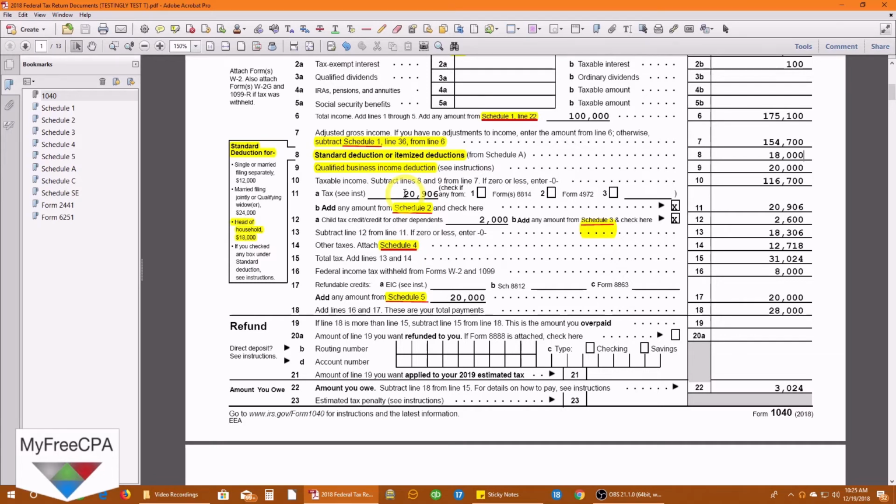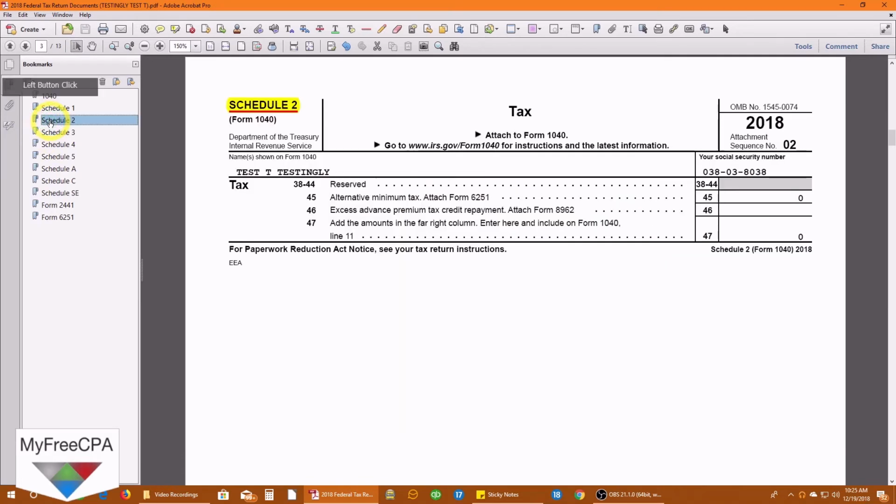Okay. Next, add any amount from Schedule 2. Now, what's on Schedule 2? Nothing. But it does include our alternative minimum tax, and the repayment of our premium tax credits. So if we were poor last year but then rich this year, we have to repay those credits.